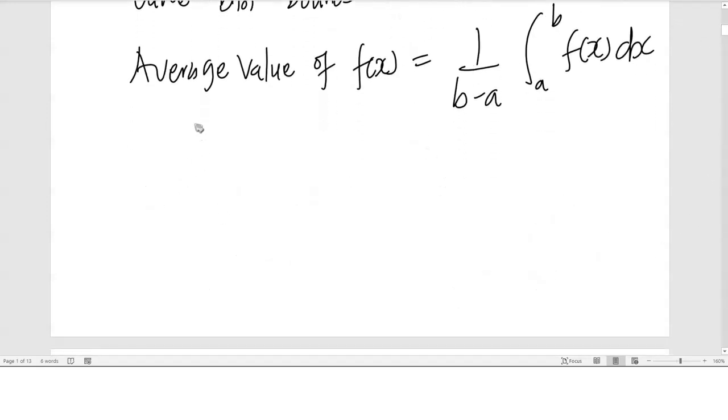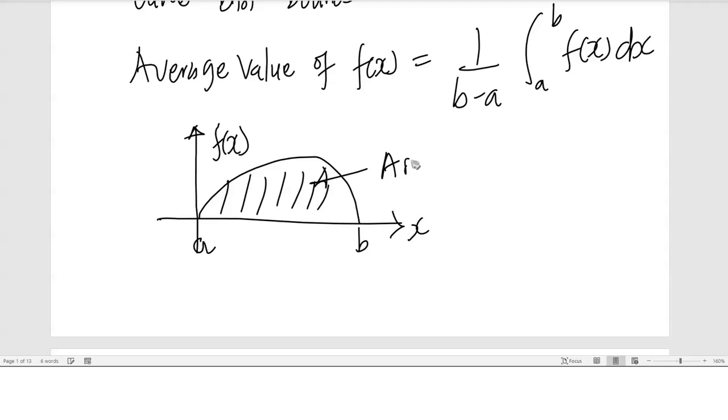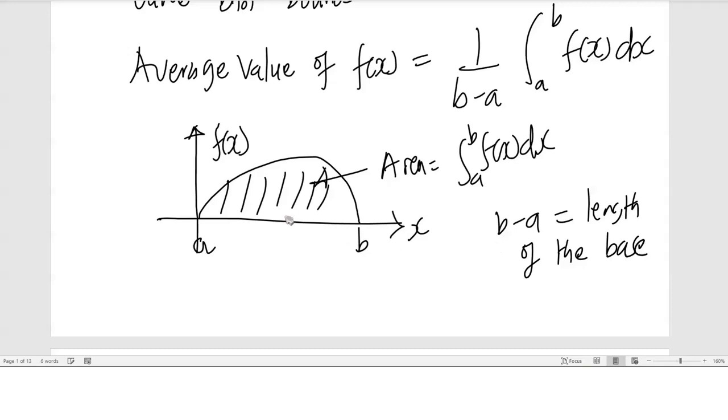What does that mean? If I have a function, for example, a function like this. So if this is a and that is b, this is f of x, this is x. Now, we'll see that this is the area equal to the integral from a to b of f of x with respect to x. Then b minus a is equal to the length of the base of this area.